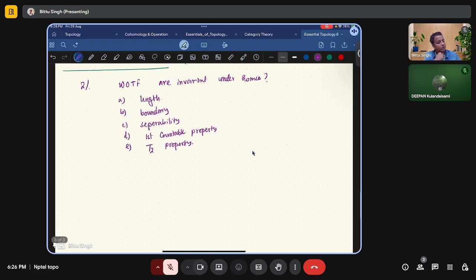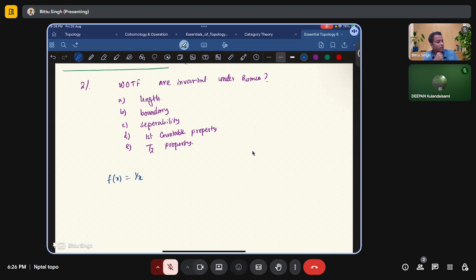So we have already seen that length is not invariant under homeomorphism. For example, we have seen that if we take this map on 0 to infinity, that is f(x) equal to 1 by x, consider that same map.